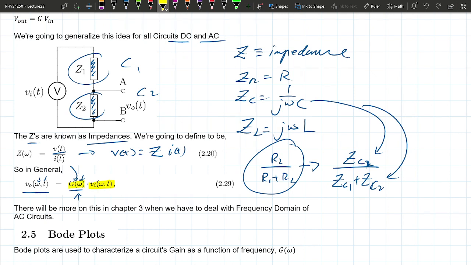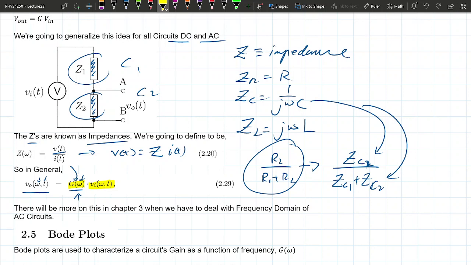That's the most important thing: this idea of gain, represented by the big letter G. There could be some dependence on frequency, because a resistor doesn't depend on frequency, but a capacitor does, an inductor does, and other devices also do.